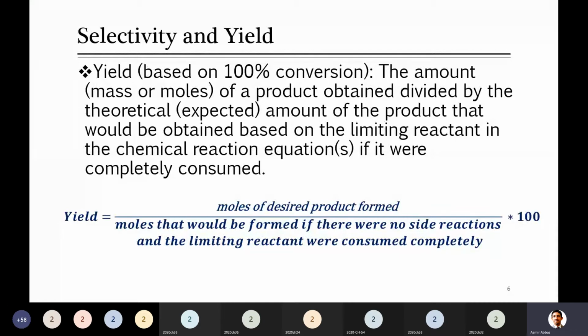On the numerator side, if you look at the equation, yield is moles of the desired product formed. This is common for all. In any definition, there will be one thing that's common: the moles of the desired product. But the denominator side is always different.